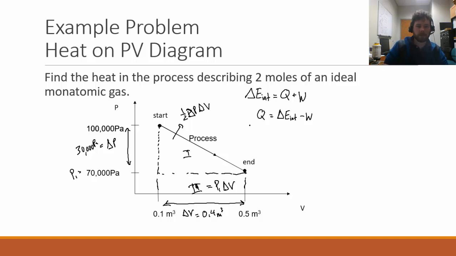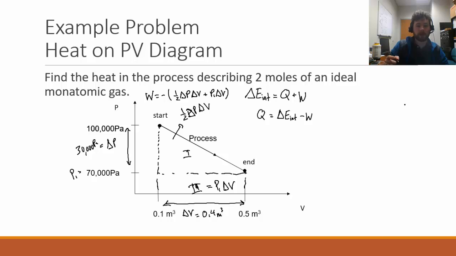So the total work is going to be, I have to add a negative sign in here, minus 1/2 delta P delta V plus P1 delta V. Okay, so that's the work, and then I have the values on it, so I could plug it in. I'll hold off until I do this all. So that'll complete the first step, finding the work.